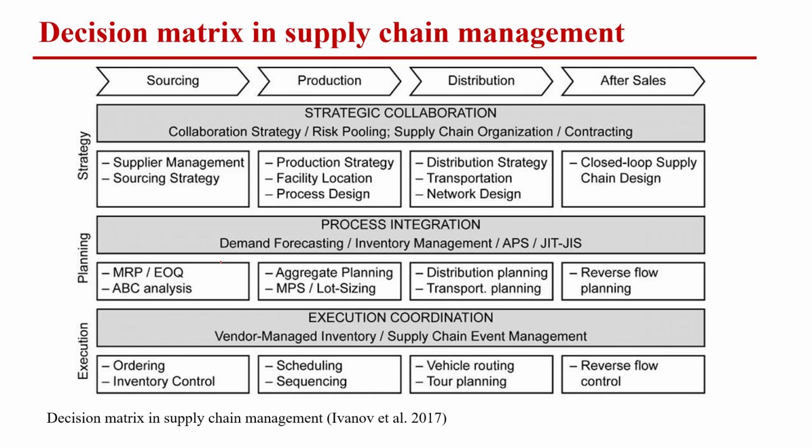If I show you the decision matrix of supply chain planning, you can see sourcing, production, distribution, and after sales. We have three levels of decisions. Production planning and inventory management are decisions at the tactical and execution level.